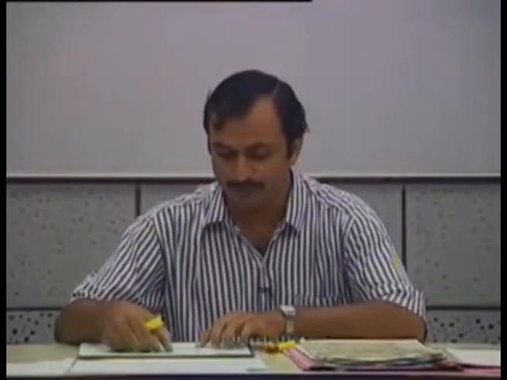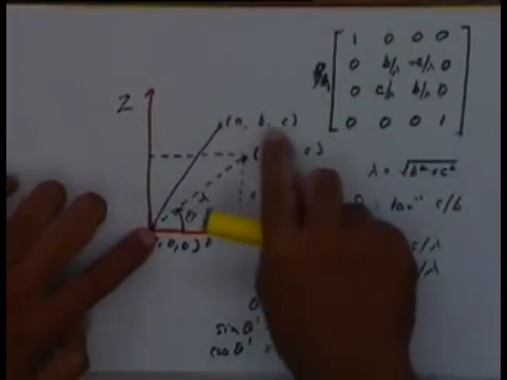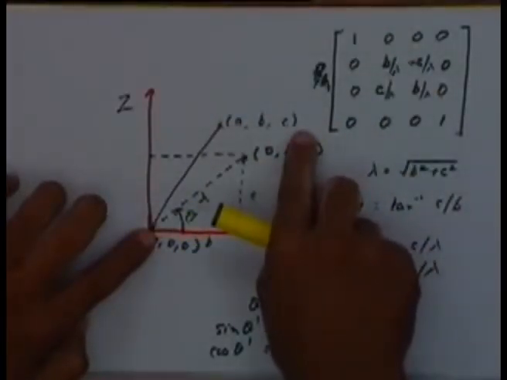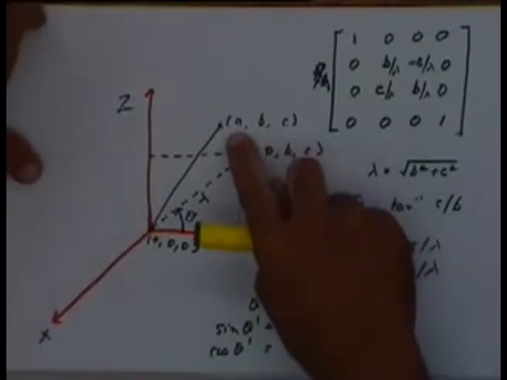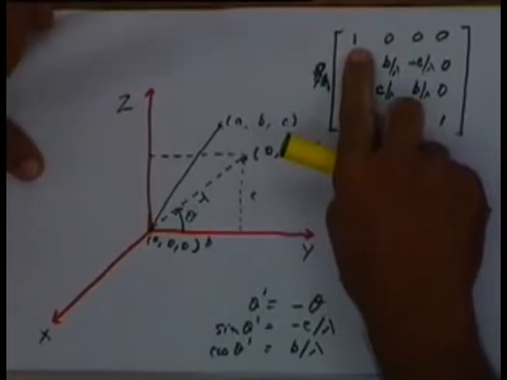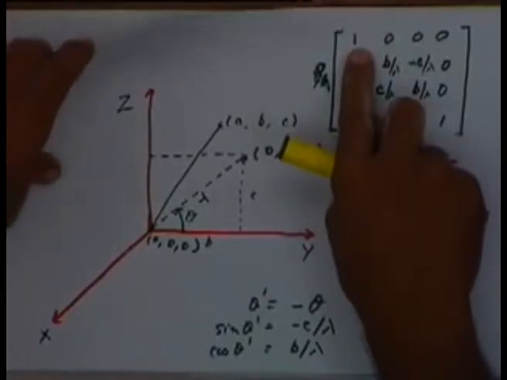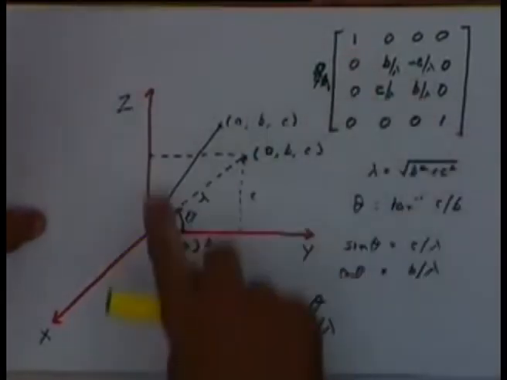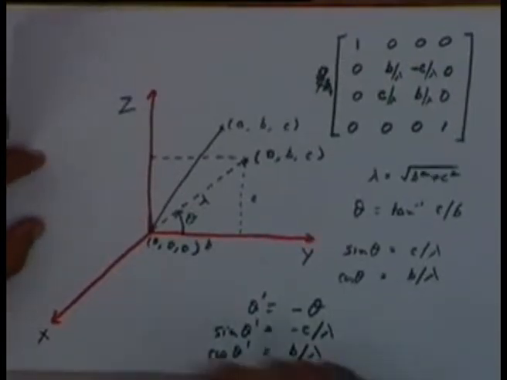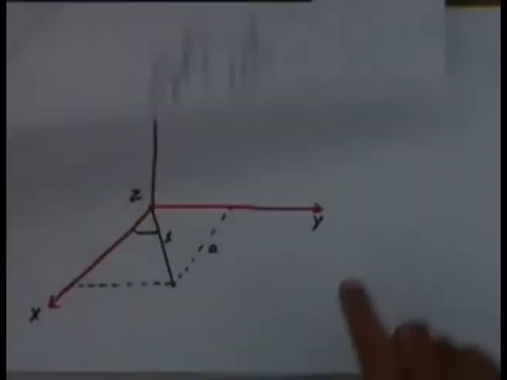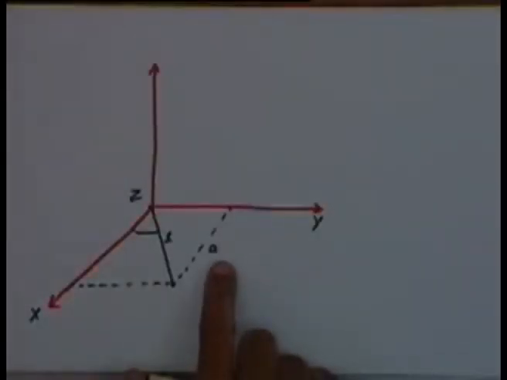So I take the tip of this vector, which is the point ABC, and I am rotating it about the x axis. So the x coordinate will remain unchanged, and the z coordinate will of course become 0. Therefore, the x coordinate will remain at a.